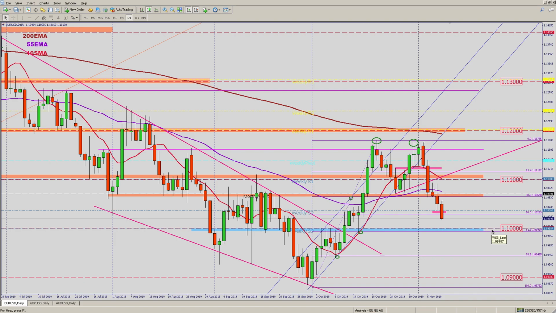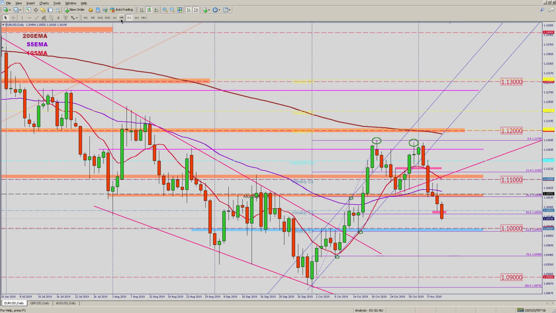So that's going to be the next key support level, where also the weekly S3 pivot is, but the weekly pivots will change for next week, so that's going to drop lower as well.